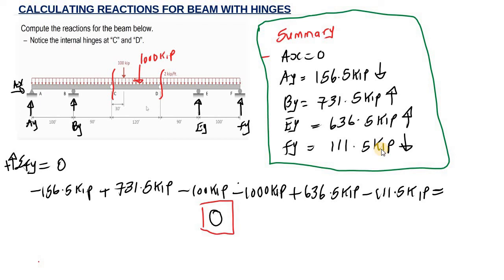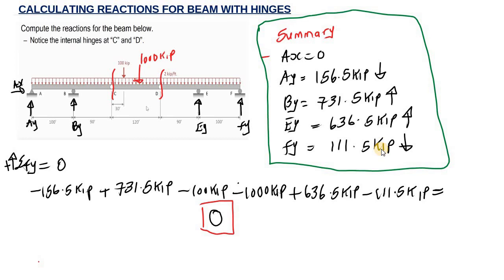Because if you think of it, we always want our structure to be at equilibrium. We want this beam to be at equilibrium. How can we make this beam be at equilibrium? We need the vertical support reactions to balance the forces that are applied on the beam. So we need the support reactions to counteract these forces.